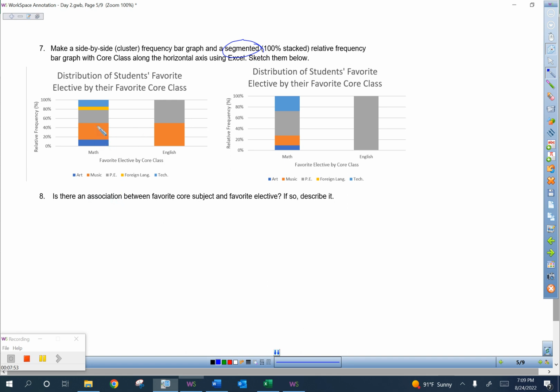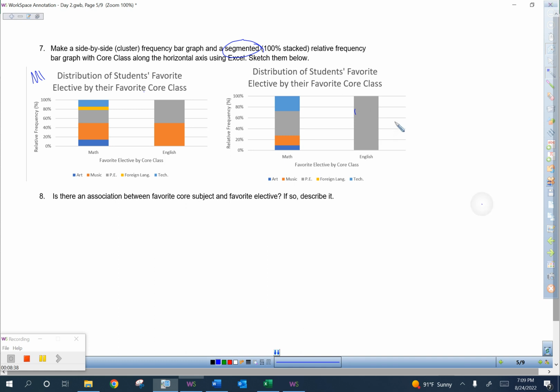Okay, but first, I just want to make sure we all know why Excel looks the way it does for these different percentages. Okay, so when we were looking at M1's data, the math section was kind of distributed into all of the different electives, but English only had 2 of them. Okay, similar over here, math had more of the electives chosen, and English just had 1, in fact.